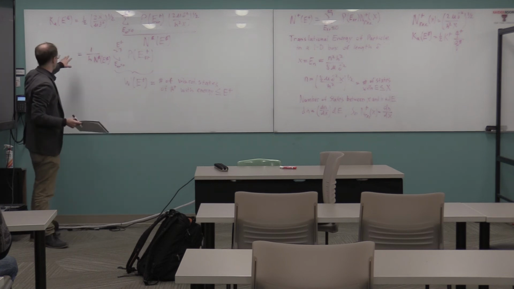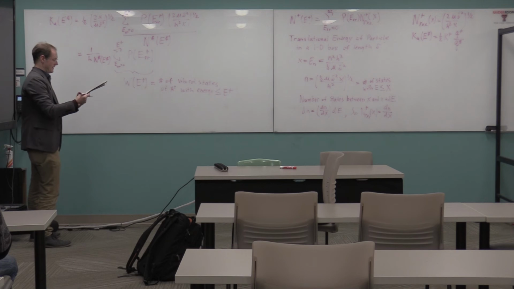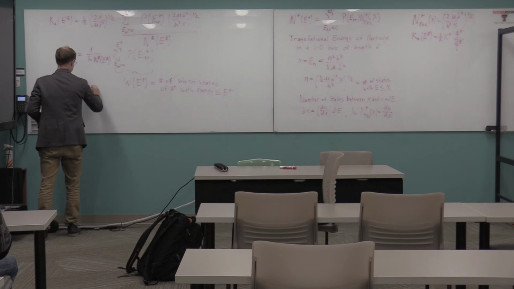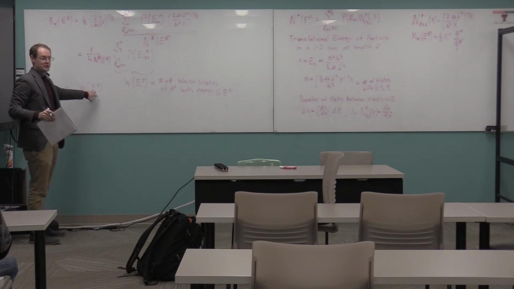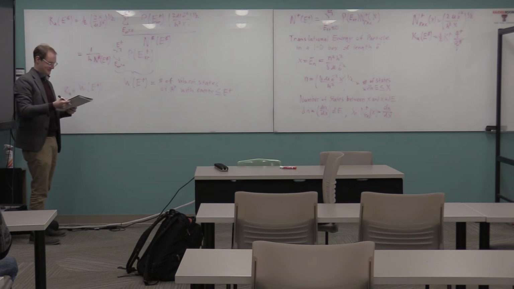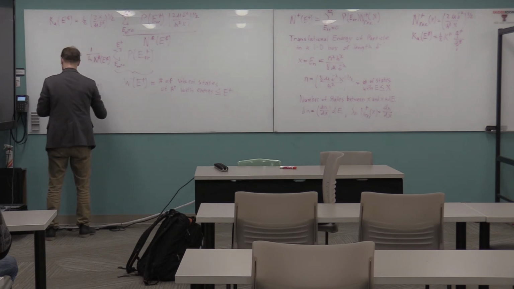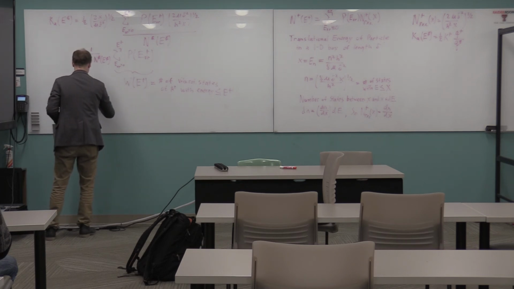Okay, and then the final expression for the rate actually ends up looking quite simple. It's just this sum of all the vibration rotation states at or below the energy divided by h times n star of E star.